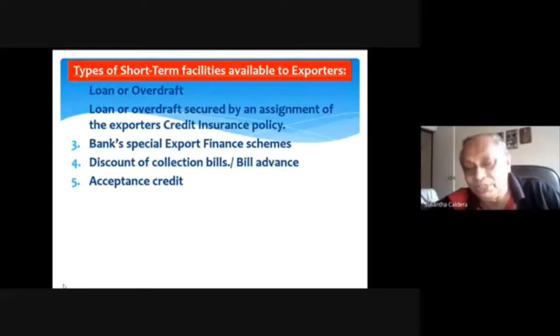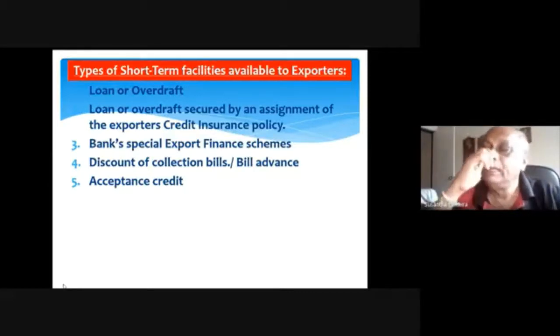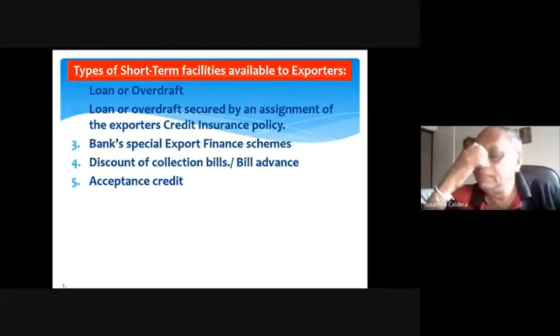The only thing I have to check is the country risk and the bank risk. If the bank is good and the country is good, I am ready to discount. In those two months I can earn a good interest.